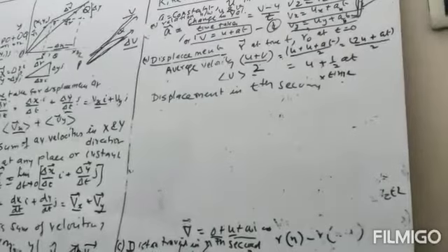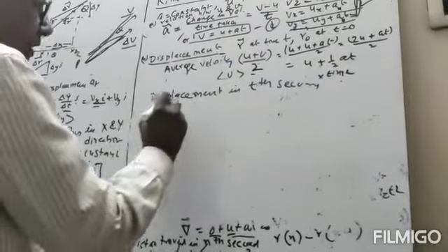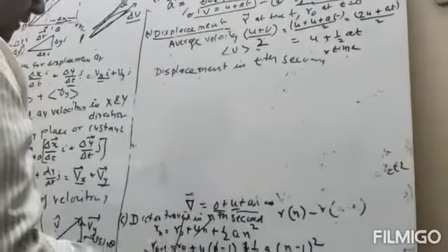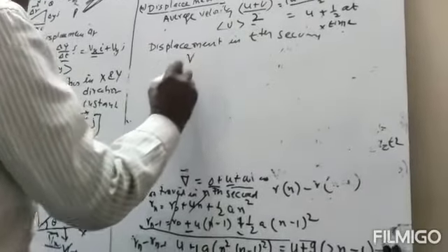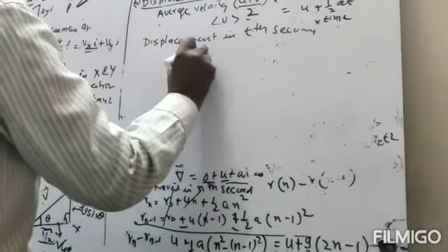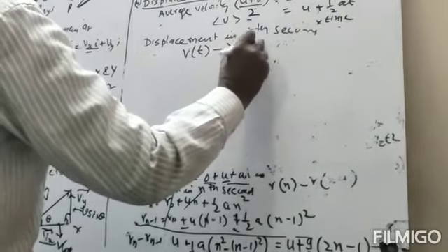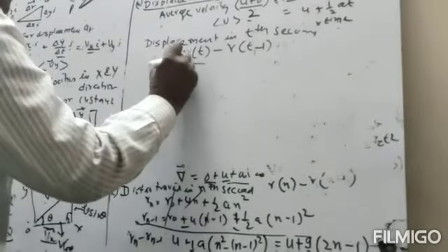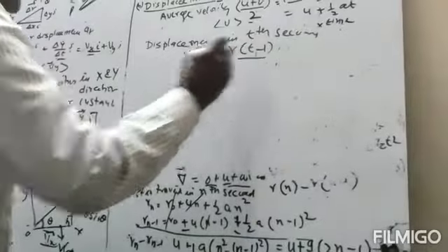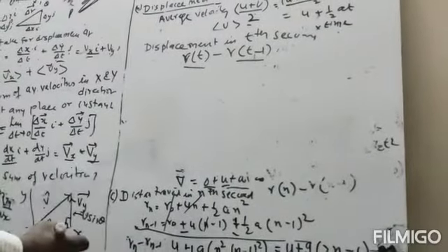This displacement will be equal to the position vector r at t minus r at t minus 1. This is the position at time t, and this is the position at t minus 1. Substitute the values.